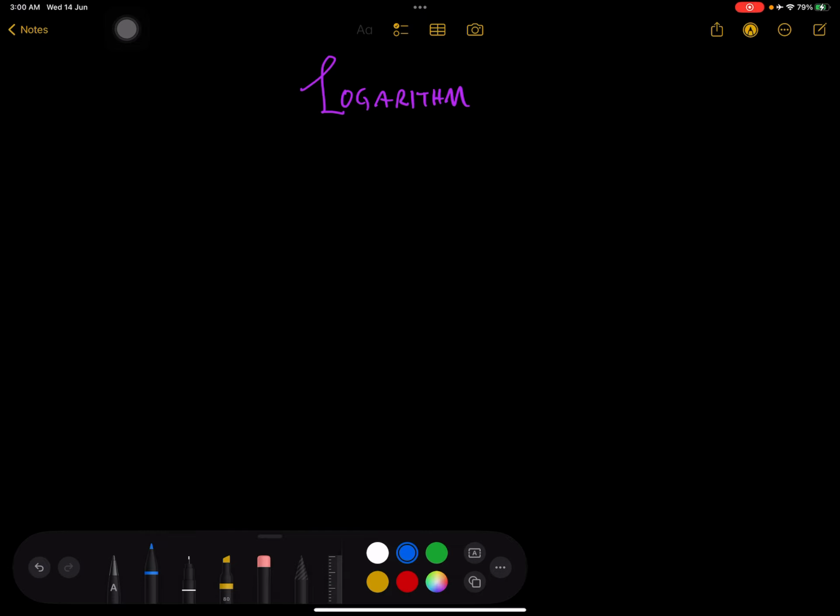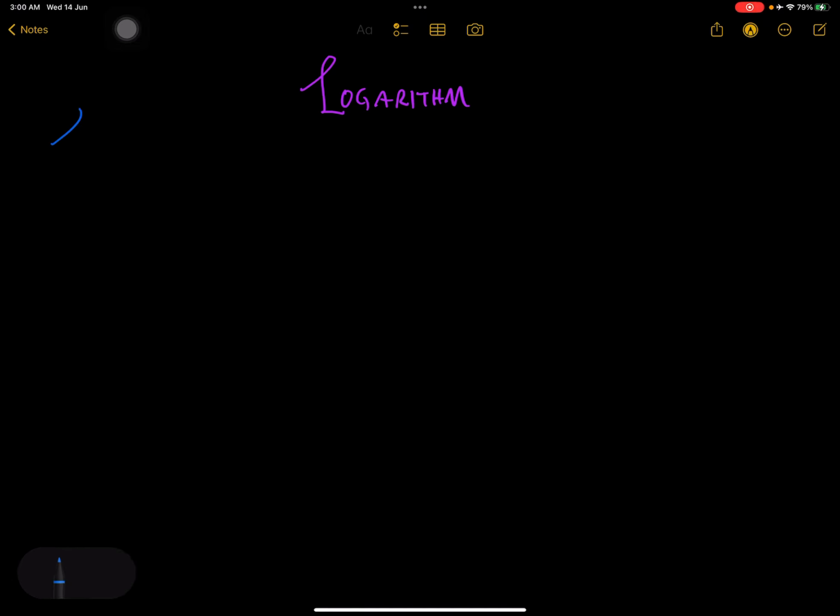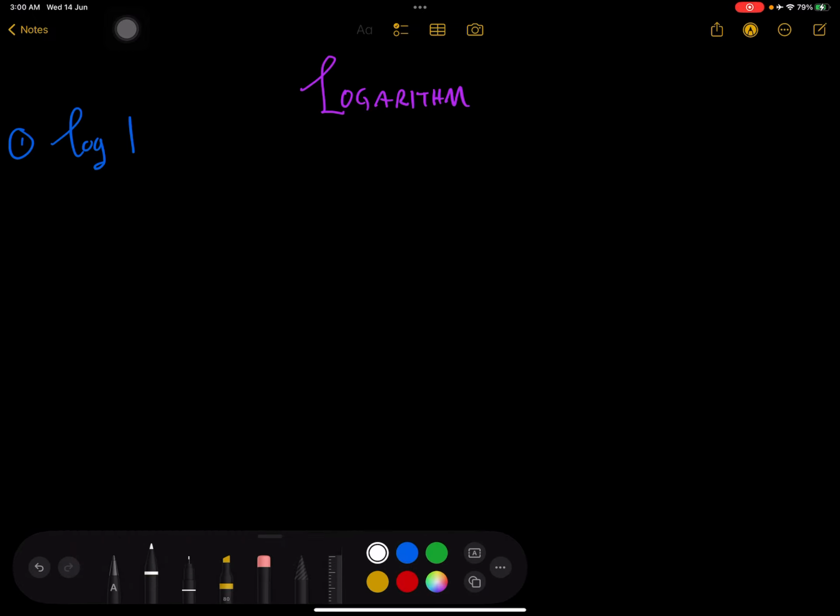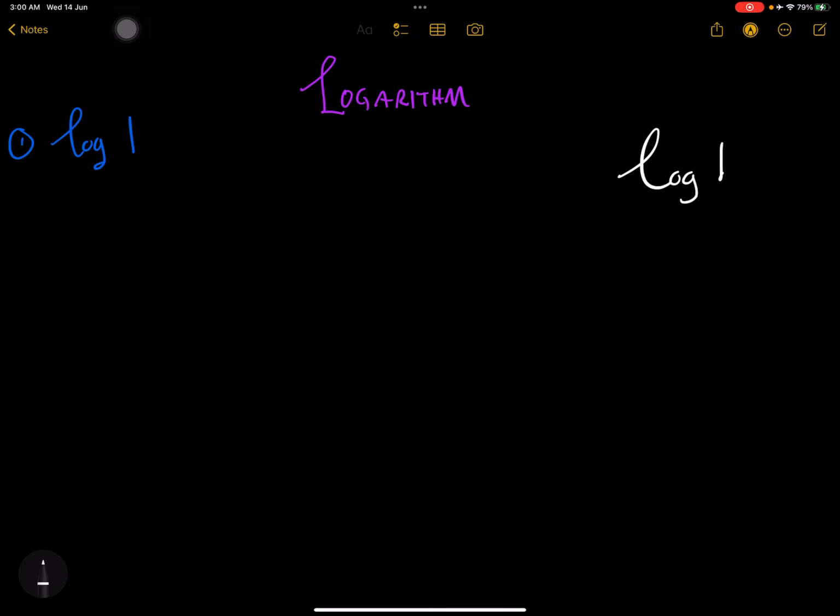The first law is that if you have log 1, all right, log 1. Usually when we write a log, you know how I mentioned that if you have log b to the base a, the a is specific, it is the base. But here, there's nothing stated.